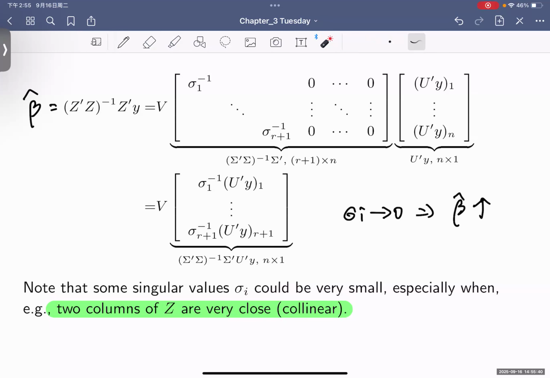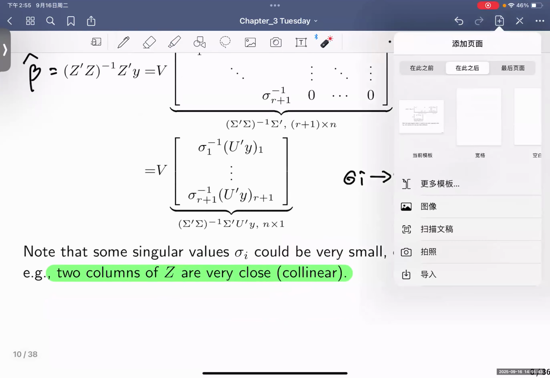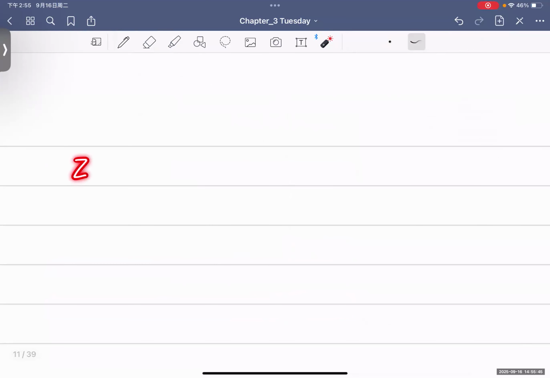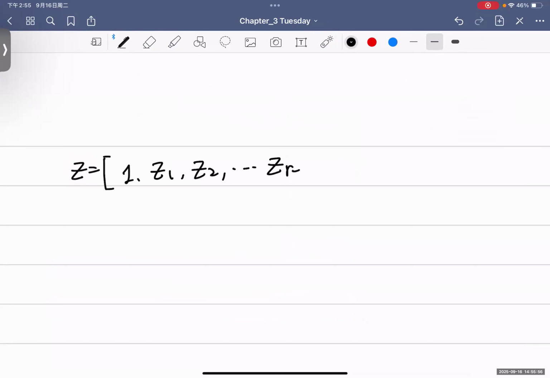Okay, so how do we explain that? Just like, we have a z, which is our feature. It may have several dimensions, like 1, z1, z2, until z_{r+1}. So collinearity just stands for the case where some zi can be written as very close to some linear combination A of the others.